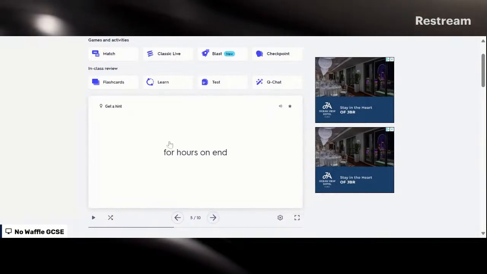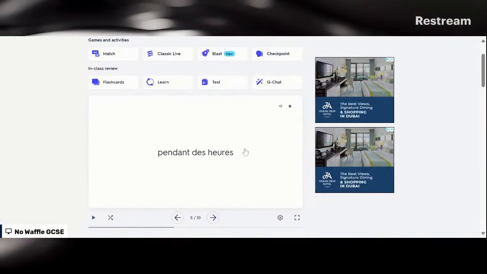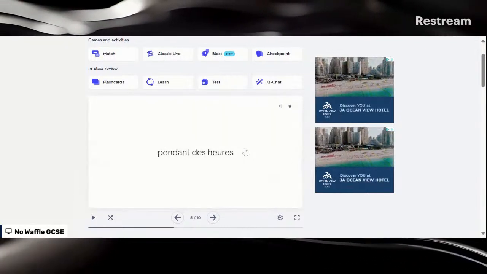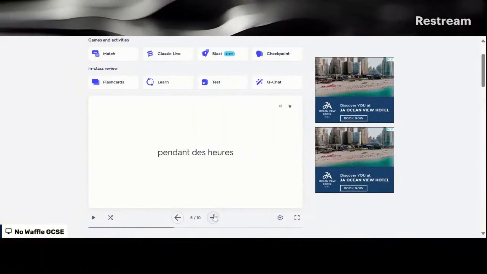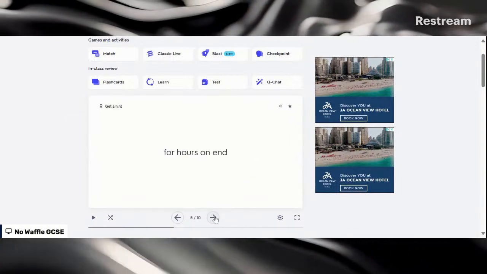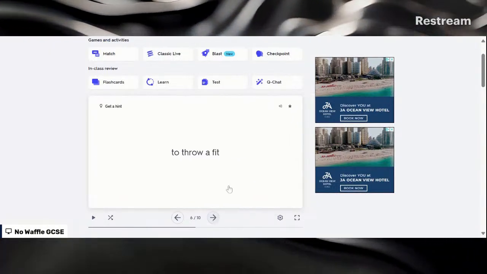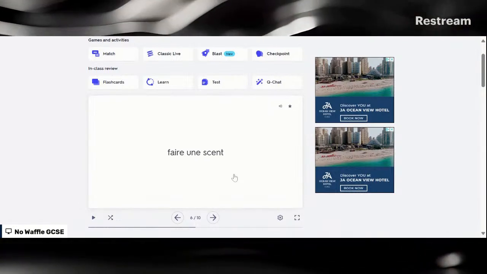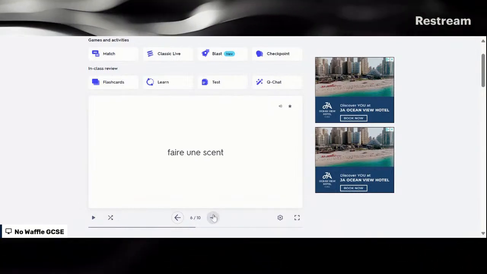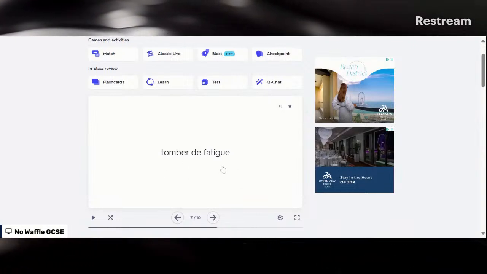For hours on end, pendant des heures. That's a useful one to do. Okay. To throw a fit, faire une scène. To be dead tired, tomber de fatigue.